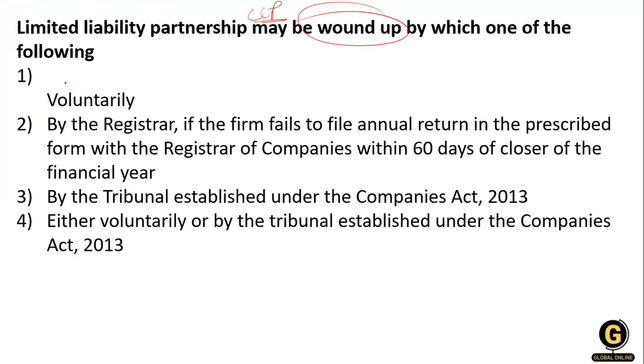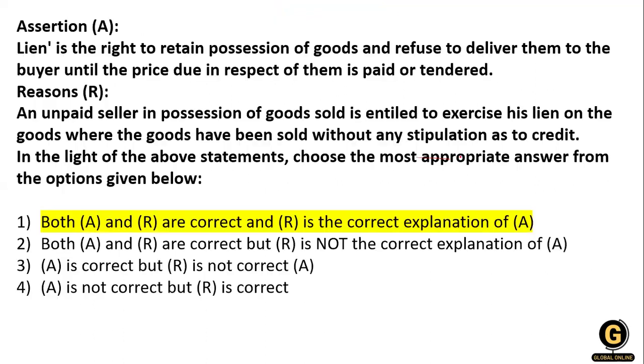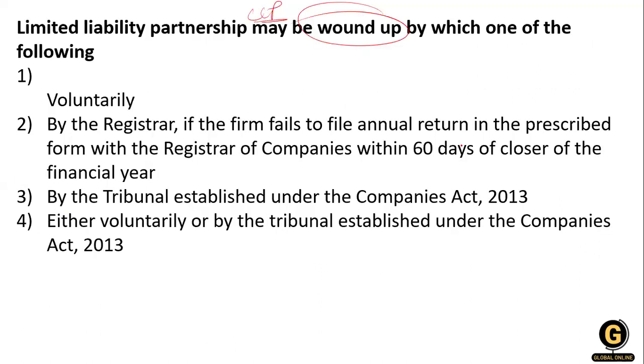Voluntarily they can wind up, or either by the registrar if the firm fails to file the annual return in the prescribed form with the registrar of companies within 60 days of the closure of the financial year.